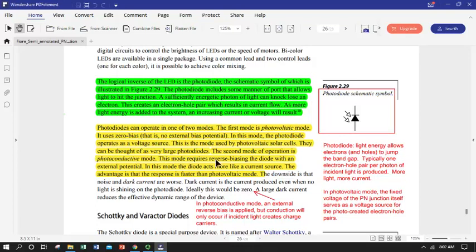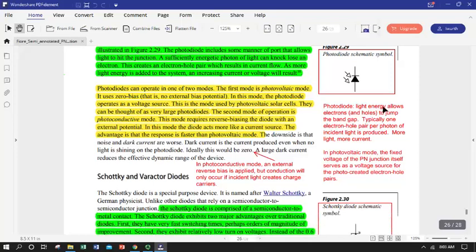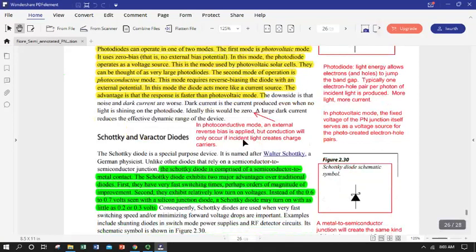So we would actually be applying a bias to the diode in that sense, and then every time a photon hits, we would get current, but we're not using the fixed charge of the interface to actually create power. But very, very similar. Light goes to current as opposed to an LED, where a portion of our applied voltage goes to light, effectively making light instead of driving charge carriers. Again, very useful for sensors and for power production.